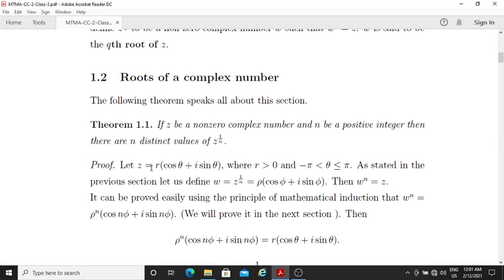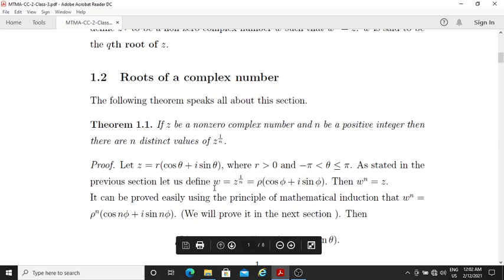Suppose the polar representation is r (cos theta plus i sin theta), where r is the modulus. The modulus, as you know, is the distance of the complex number plotted on the two-dimensional plane from the origin. Being a distance, it will always be positive. And theta is the argument or amplitude. As you know, there is a restriction on theta, which we have already discussed: it is between minus pi and plus pi, so you are not allowed to cross the negative side of the imaginary axis.